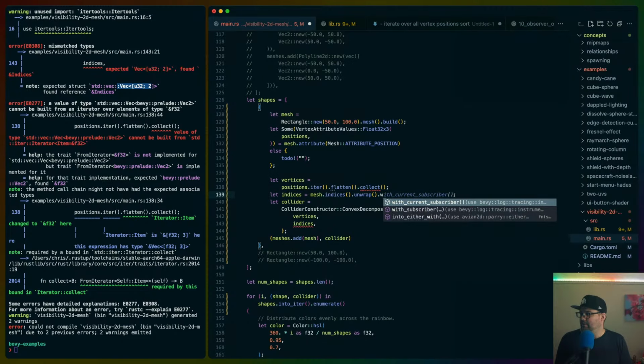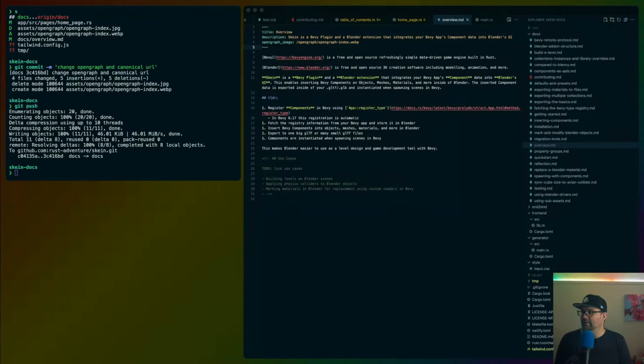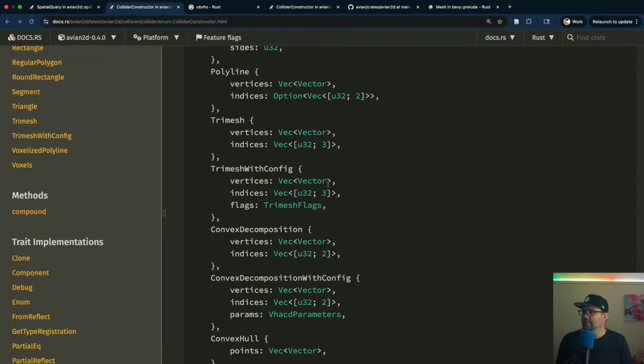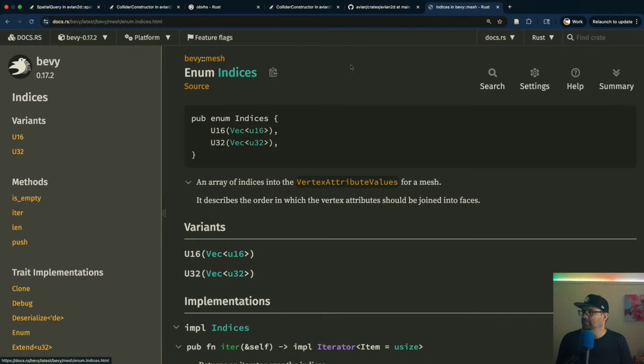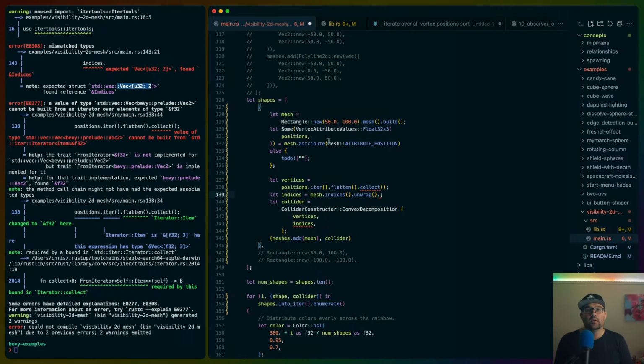But can we do... When we get indices here, do we have the opportunity to get the interior data? It's either U16 or U32. Maybe he wants to decompose convex polygons, not triangles, hence the 2 and not a 3.